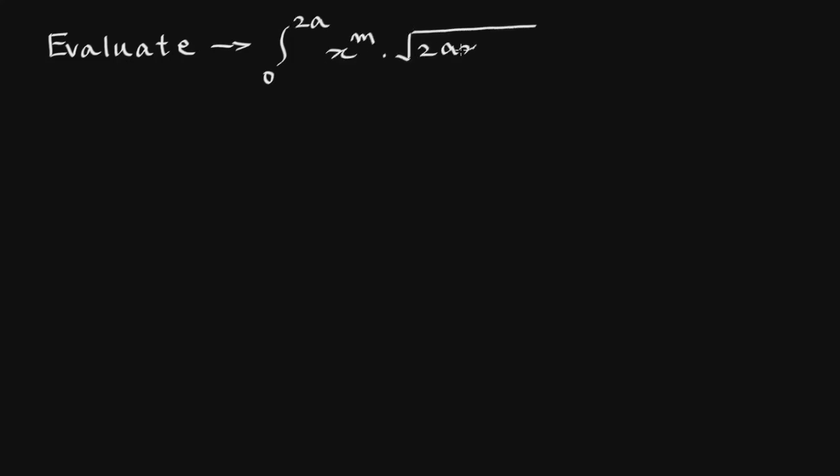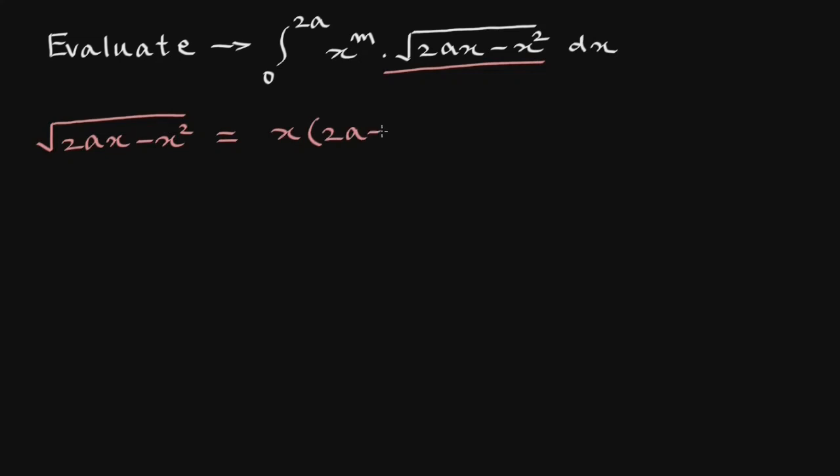How to evaluate the integral from 0 to 2a of x raised to m into square root of (2ax minus x square) dx. We write this part as x into (2a minus x) whole raised to half, that is x raised to half into (2a minus x) raised to half.